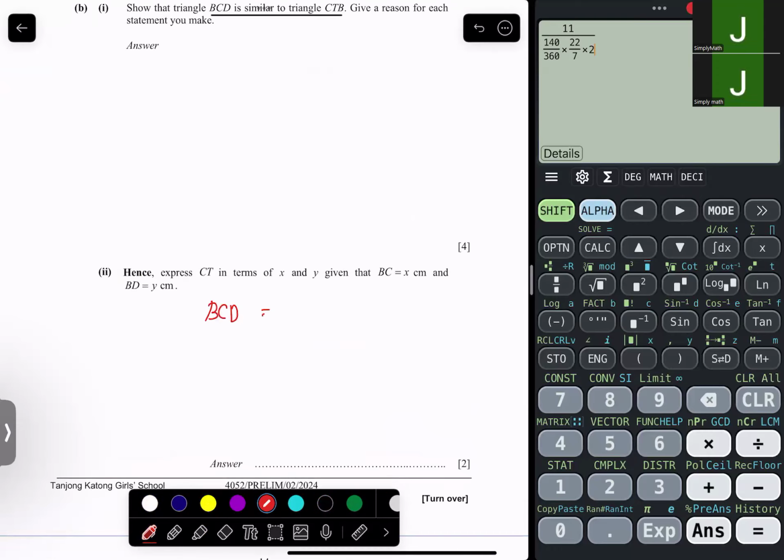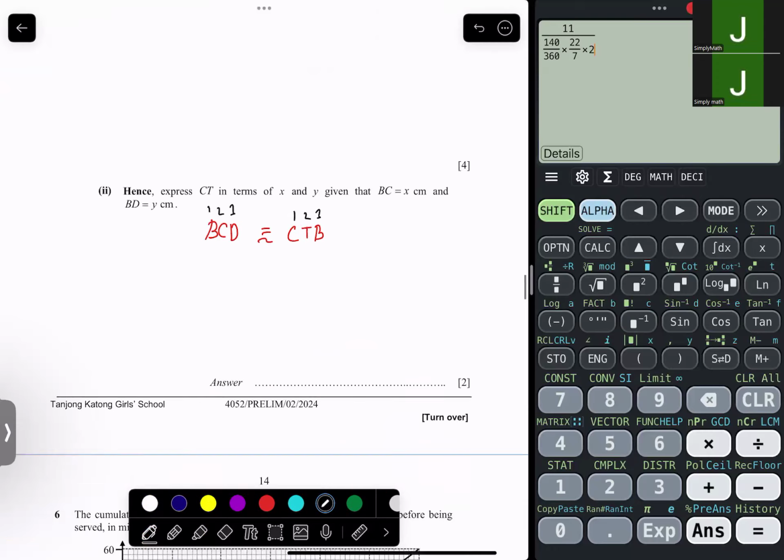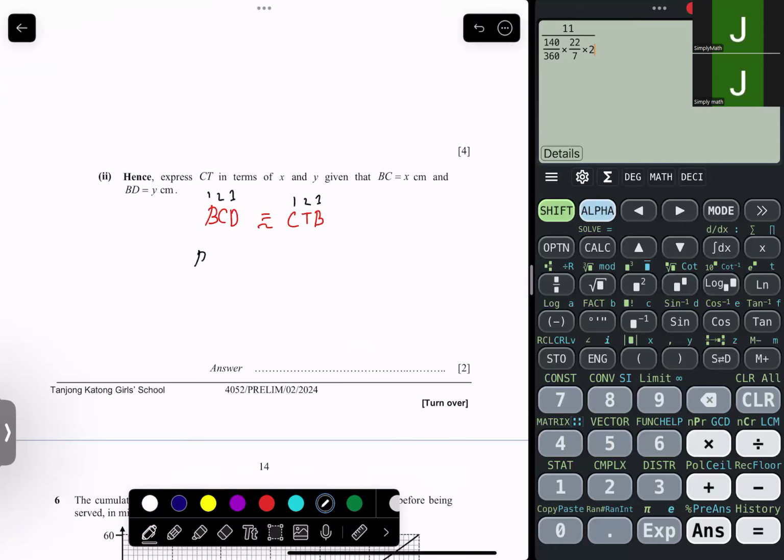BCD is similar to triangle CTB. Let's say I write 1, 2, 3, 1, 2, 3. And then I write down the ratio. BC compared to CT is equals to CD over TB equals to BD over CB, right?